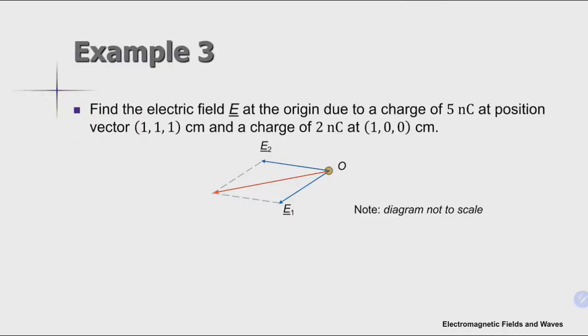Okay, example. Find the electric field E at the origin due to a charge of 5 nanocoulombs at position vector 1, 1, 1 and a charge of 2 nanocoulombs at 1, 0, 0 centimeter.